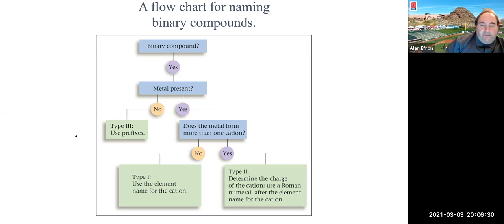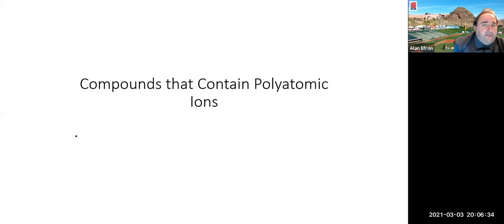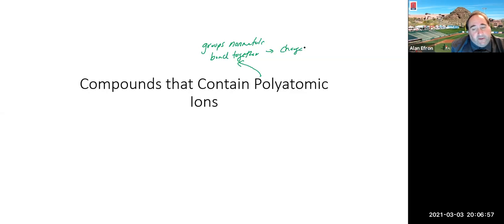So the last thing we're going to talk about in terms of naming are what are referred to as polyatomic ions. Polyatomic ions are essentially groups of nonmetals that are bound together through sharing of electrons, and they have charges, which is why they're called ions.